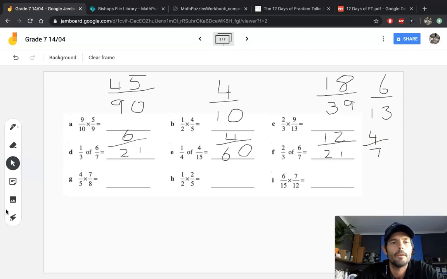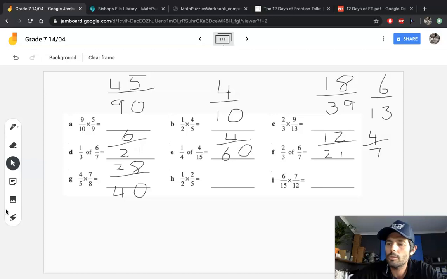Then G, we go back to a straightforward multiplication sign. So that is 28 over 40. Now, if you can't find the highest common factor of 28 and 40, there's no need to panic. You can recognize that both numbers are even numbers.